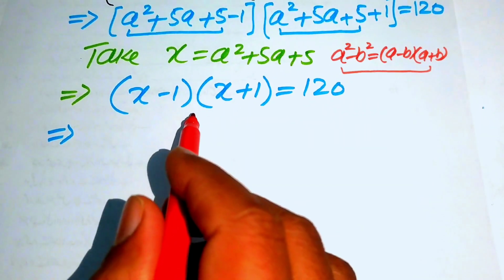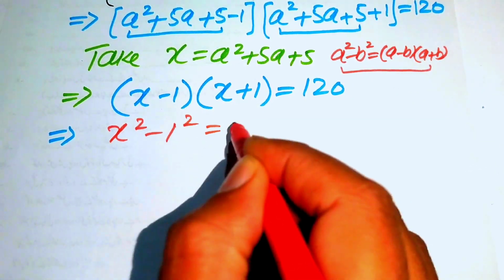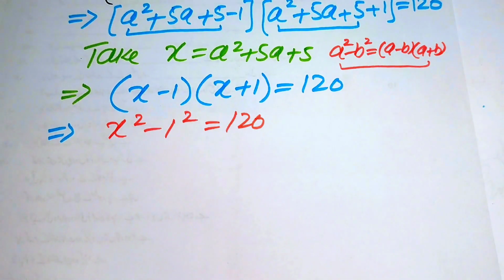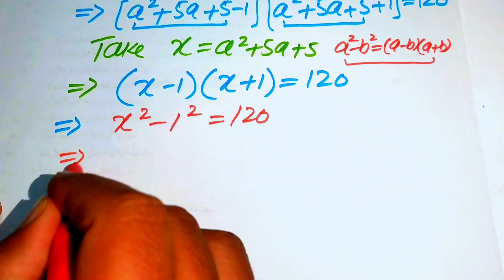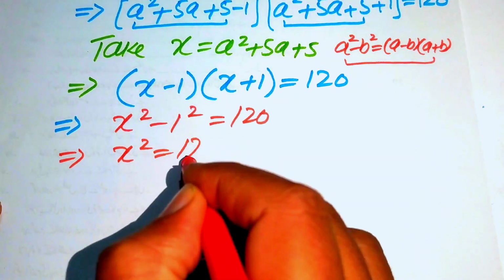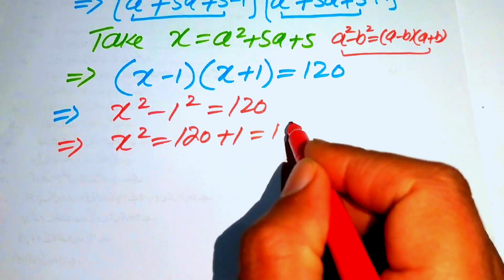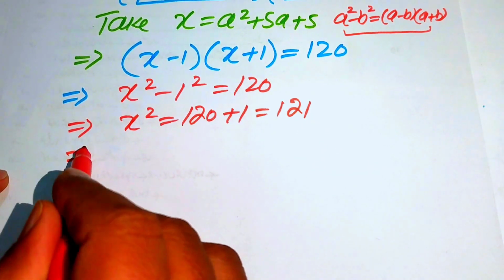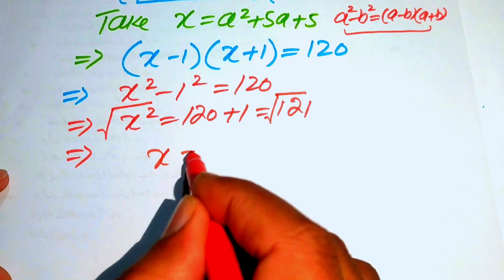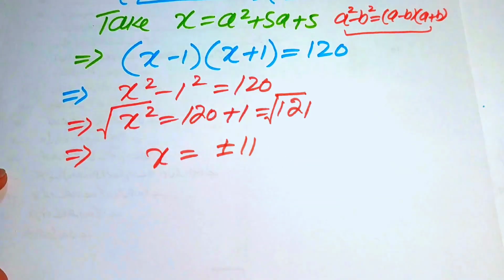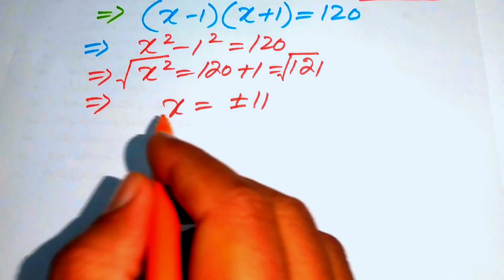We use this formula on the left hand side, and it is written as x square minus 1 square equals 120. Since 1 square equals 1, we move this minus 1 to the right hand side, and it is written as x square equals 120 plus 1, which becomes 121. Here we take the square root on both sides, and you get the value of x equals plus minus 11. And now we break this into two cases.